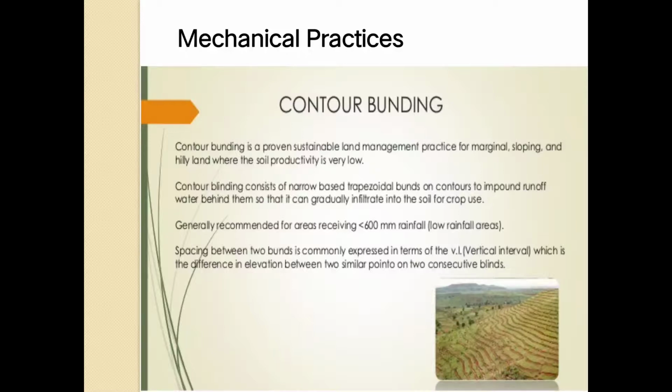So that is the spacing between two contour bunds. This is the first mechanical practice used for the conservation of moisture and reducing soil erosion.